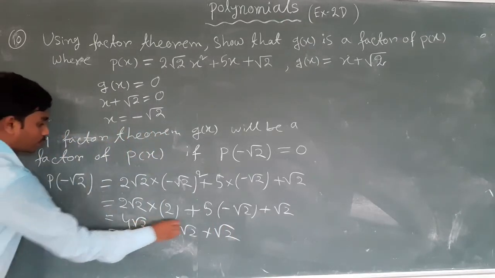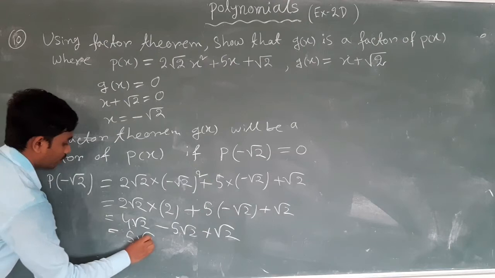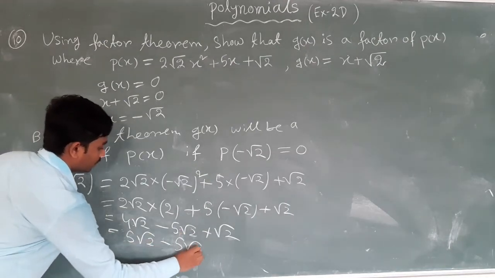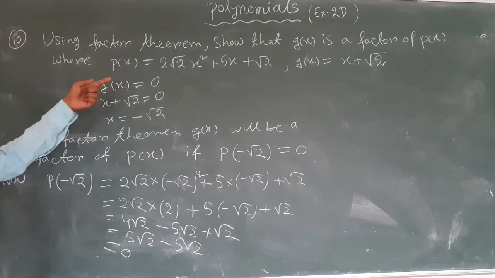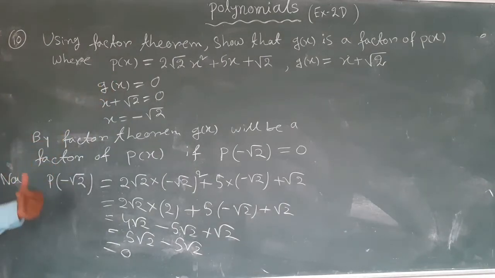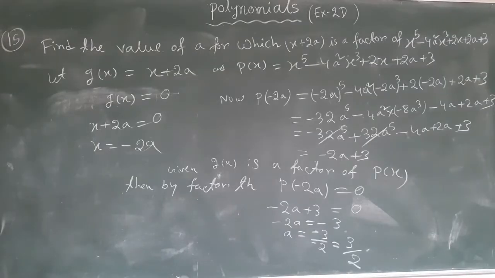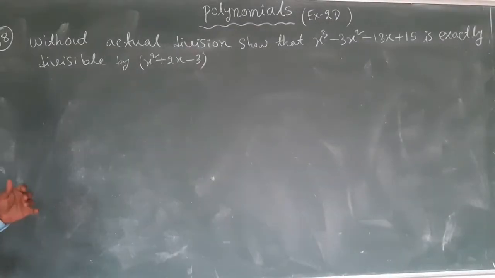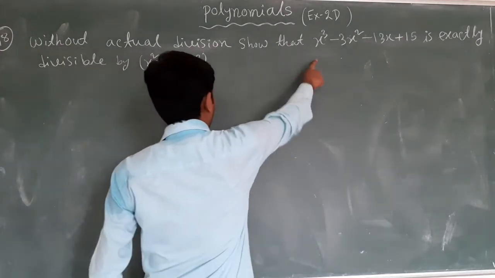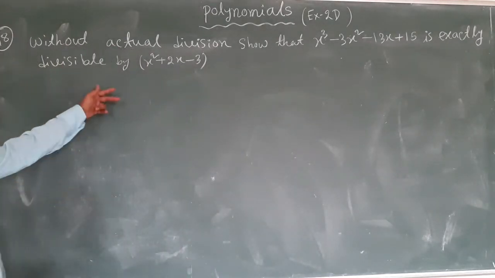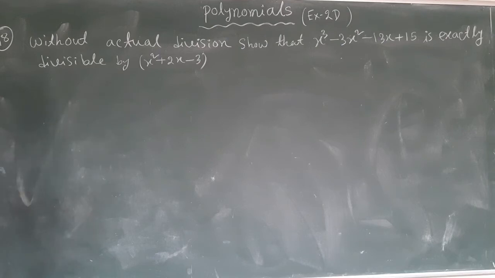So 4 root 2 plus root 2, 5 root 2 minus 5 root 2. Answer 0. So hence by the factor theorem, g(x) is a factor of p(x) because p of minus root 2 is 0.